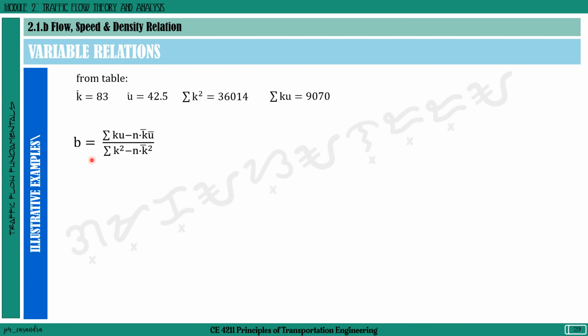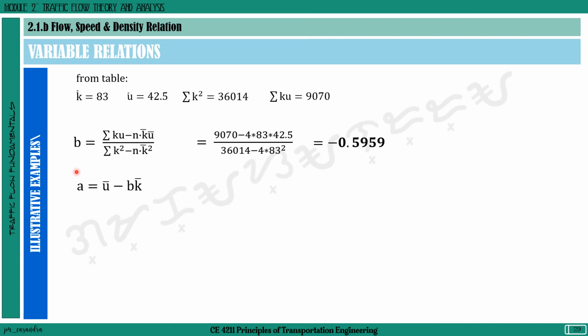So applying that in the equation of B, we'll now have 9070 minus our observations 4 times 83 times 42.5 divided by 36014 minus 4 times 83 squared, giving us a value for B, which is equal to negative 0.5959.